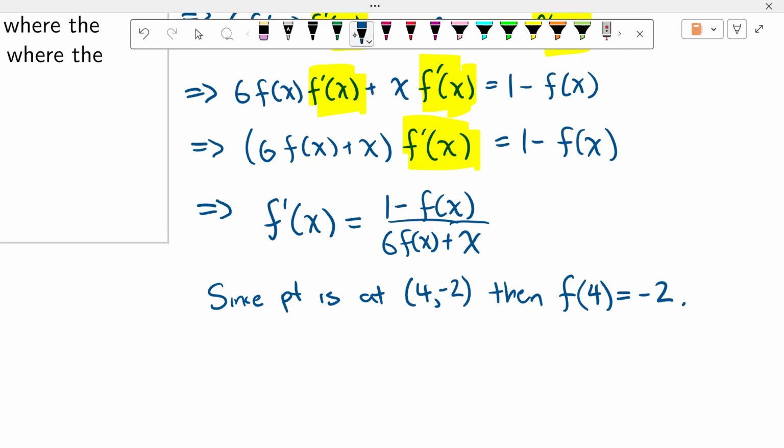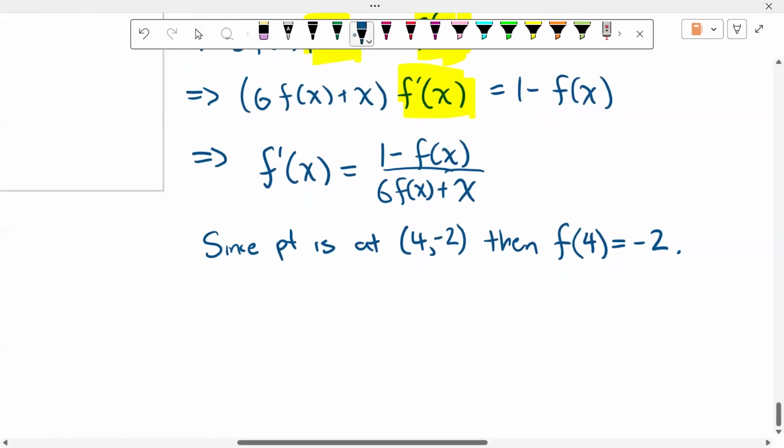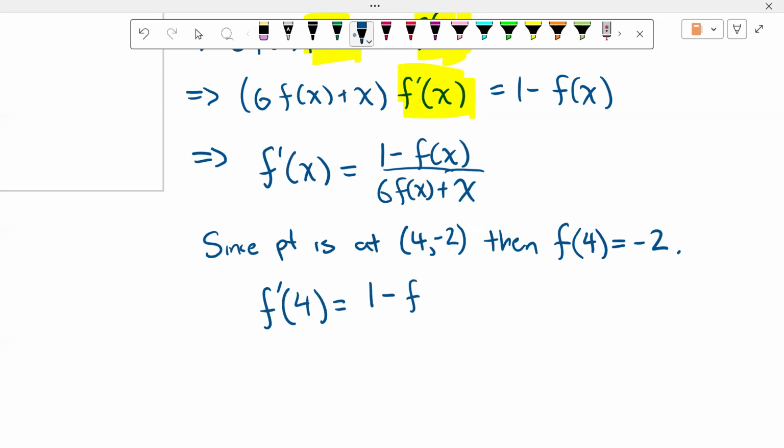And so now I could figure out what the slope is at that point by, can you guess what number I plug in? 4, yep. I plug in 4, I'll get 1 minus f of 4 over 6 times f of 4 plus 4. Now f of 4 is -2, so I'll have a 1 minus a -2 here.